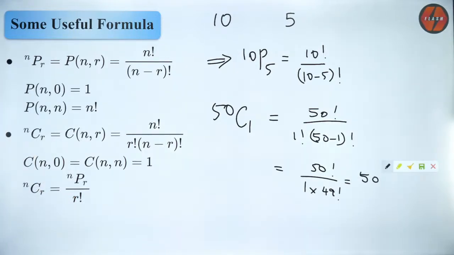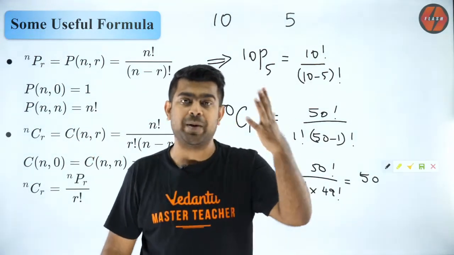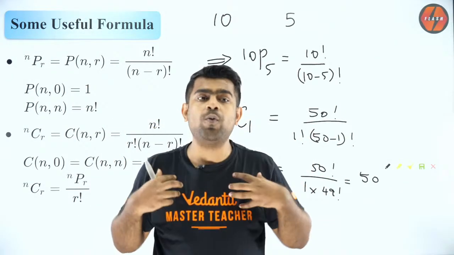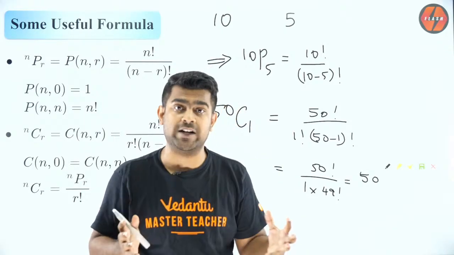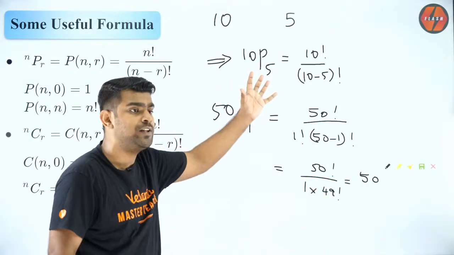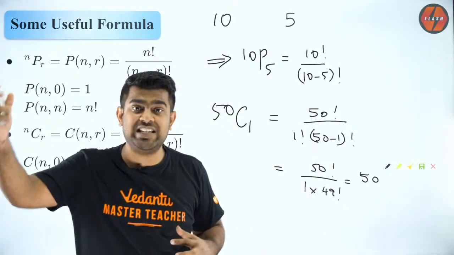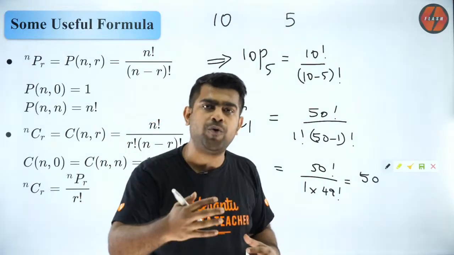Whenever you learn something abstract, with a lot of alphabet and no numbers, I would recommend you apply it by giving some numbers so that you understand and visualize it. Because I want you to get hands-on experience. That will stick with you for longer. Now that I gave you this example, you will never forget what is nPr. You will never forget what is nCr. Are you all clear with it?